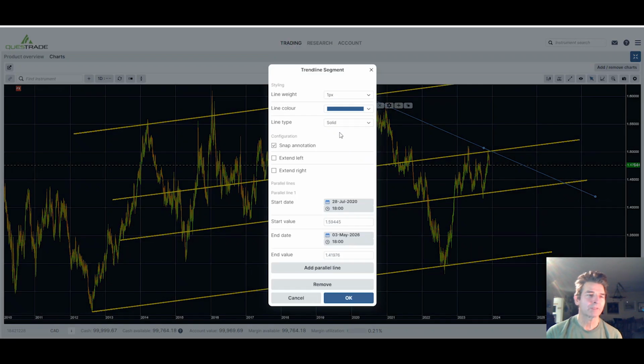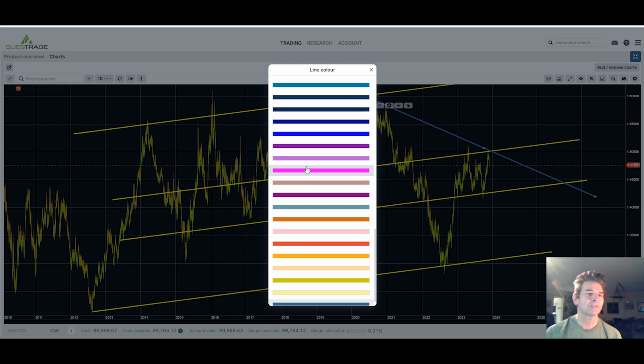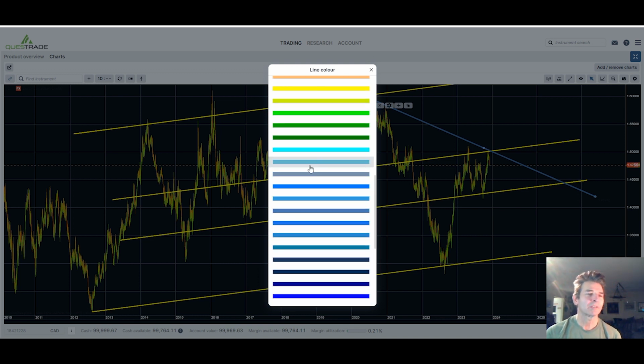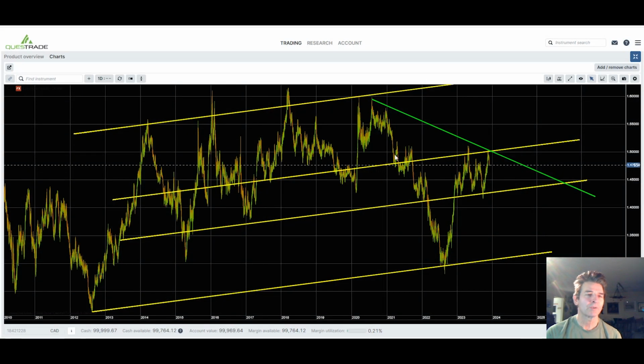Let's find out. First off, 3 pixels, and what's our color for wave 2? Green. We'll go with the green 2-day.